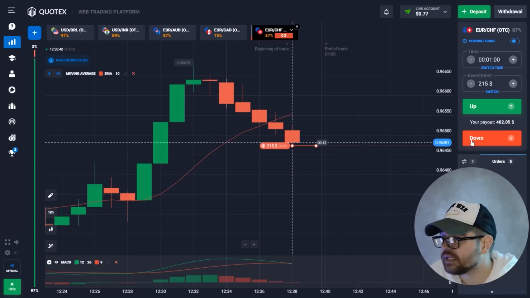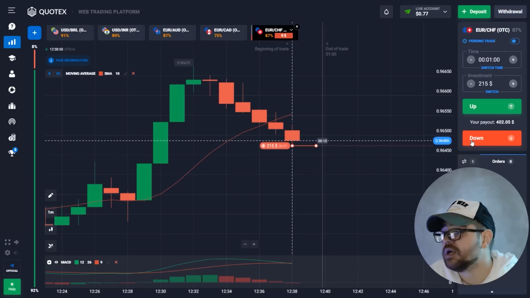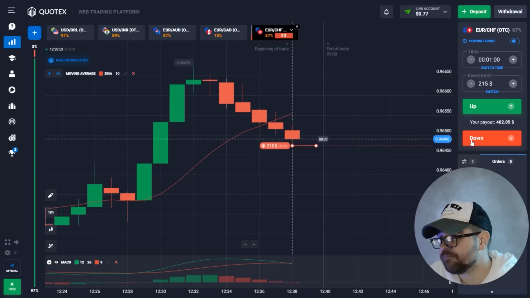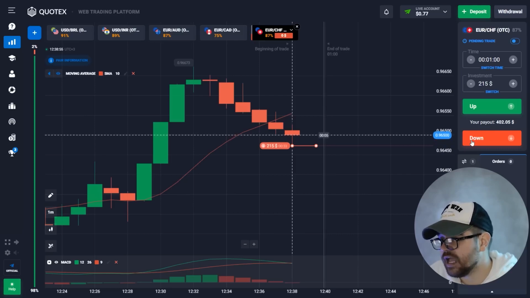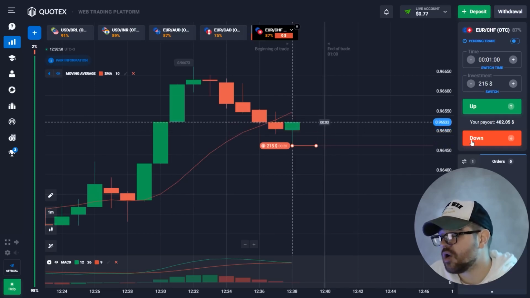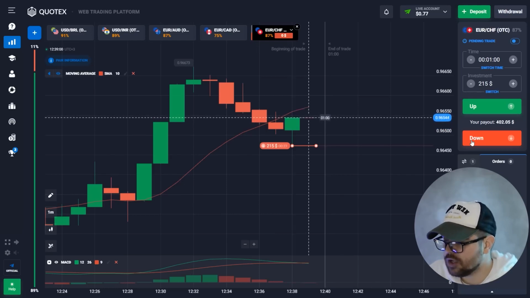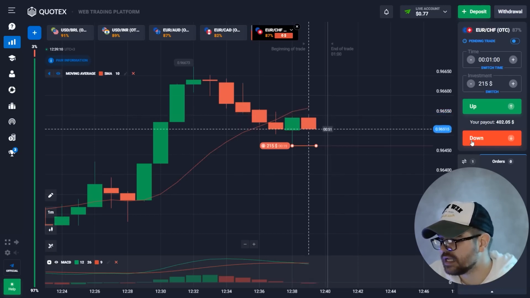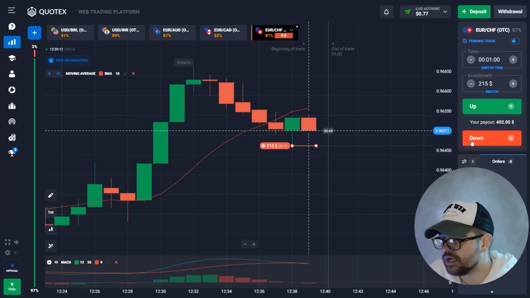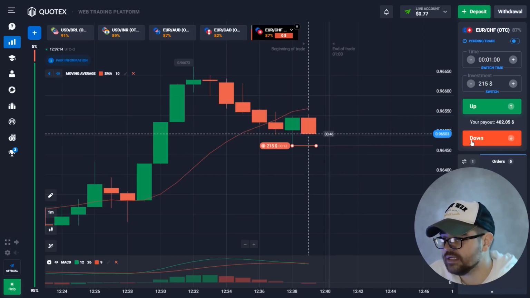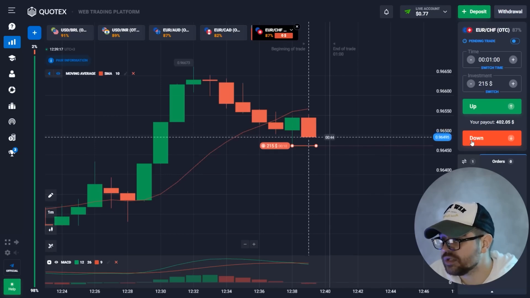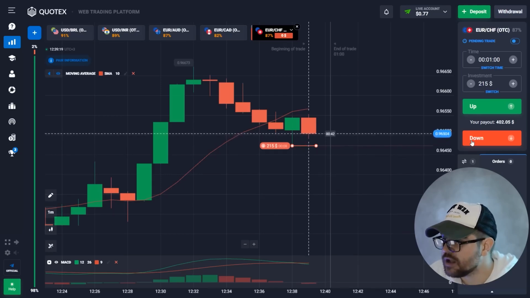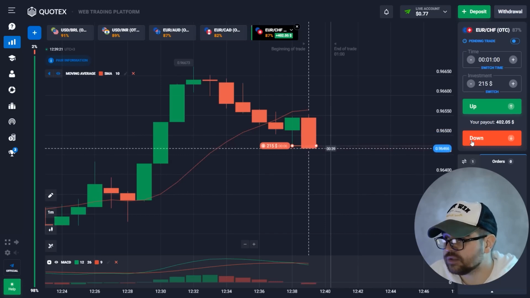Also, if we look at the MACD indicator, we do see that the market was in the overbought area, and the faster line, similar to stochastic in this case, the green line, is crossing down the slower line, which also is a good indication that the price is going to go down.